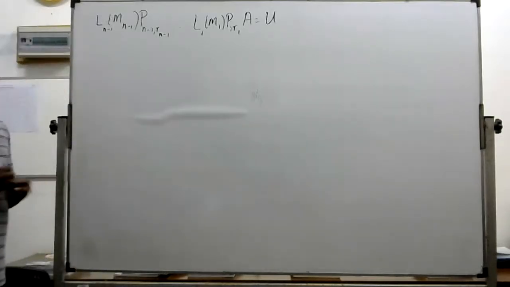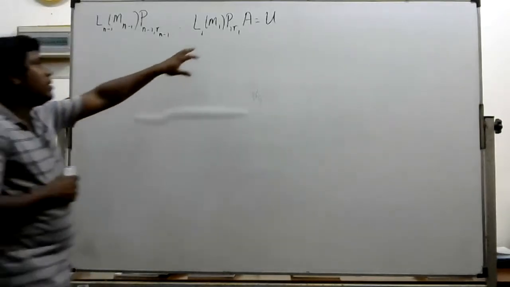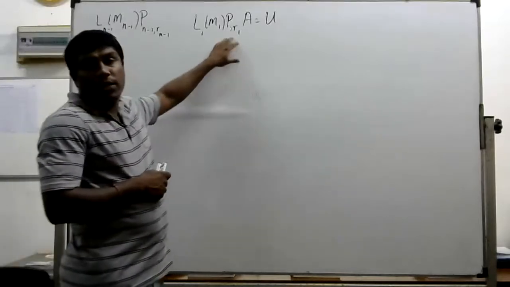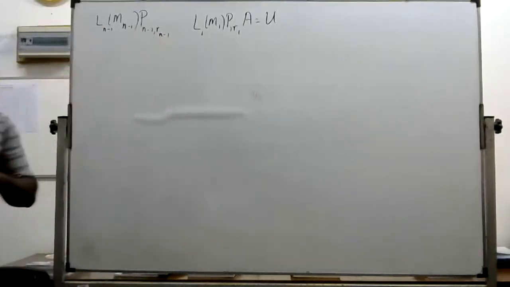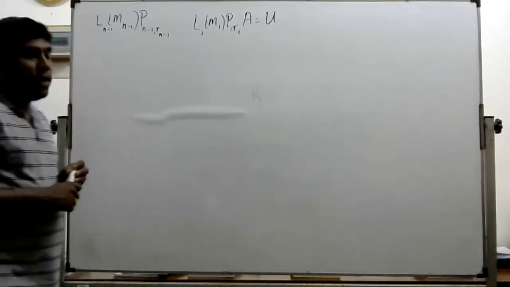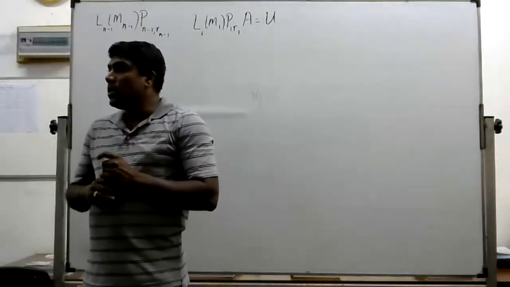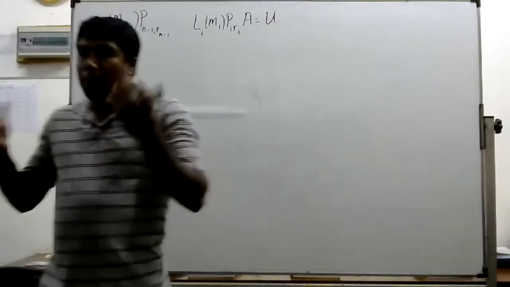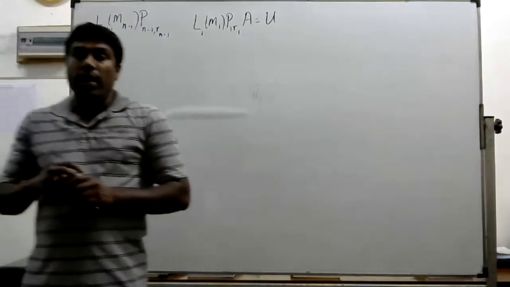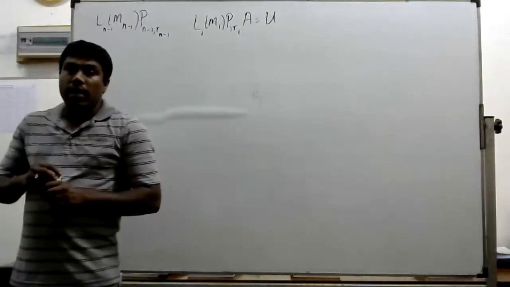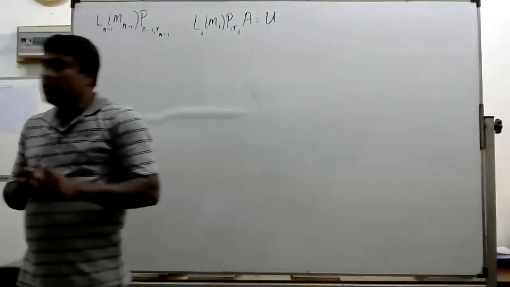What we want to show is the existence of elementary permutation matrices and elementary lower triangular matrices. So we have to start by finding the elementary lower triangular matrix as well as the elementary permutation matrix.